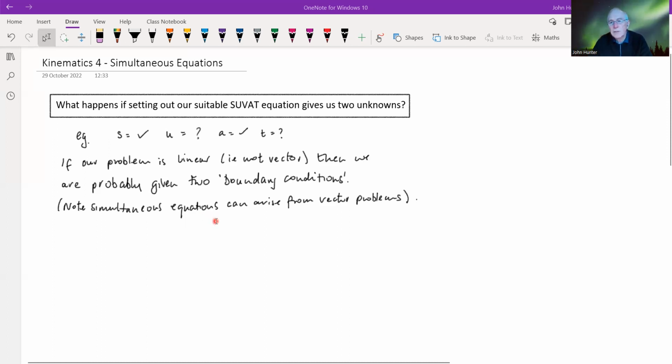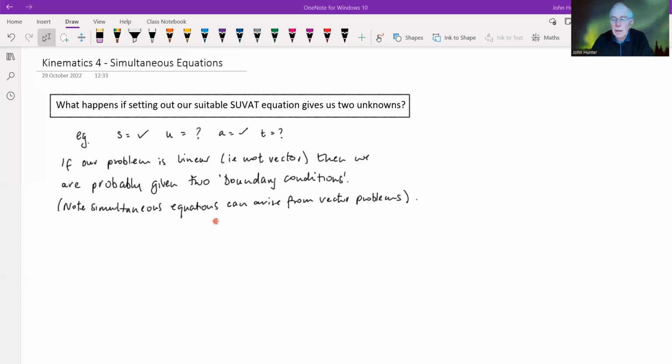But in actual fact, simultaneous equations is something that characterizes all of A-level, really. If you think back to your GCSE, you perhaps note that there were questions where you had to formulate an equation from some problem statement, and it was the formulation of that problem, then solving that equation, that gave you the sort of marks that you might need for grade 7, grade 8, or grade 9.